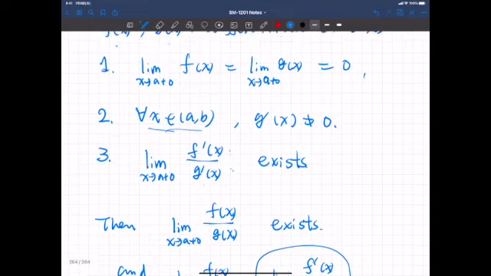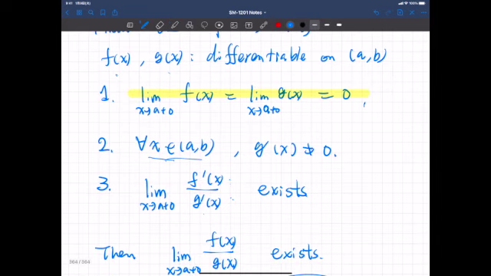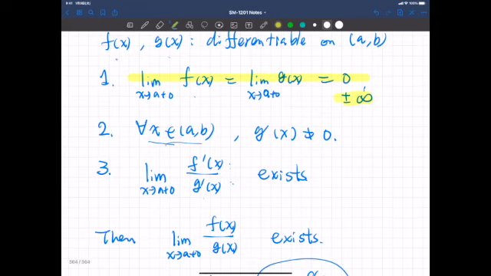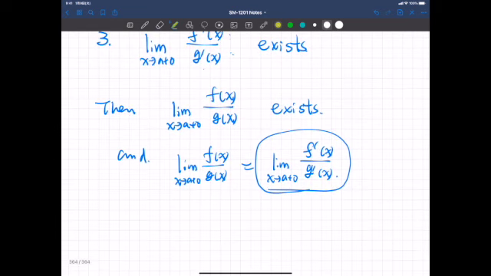Furthermore, we can replace the first condition: instead of 0, the limits can be plus or minus infinity. The limit of f can be positive infinity and the limit of g negative infinity, and so on. All combinations can be considered, and we still have this result.